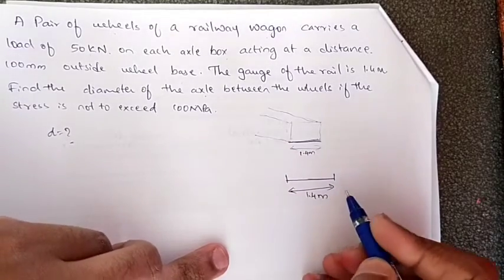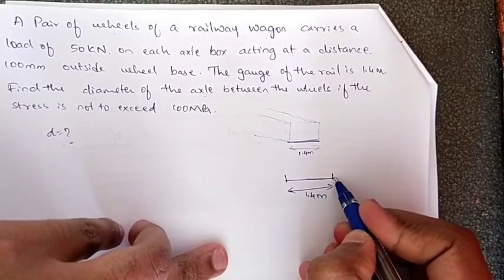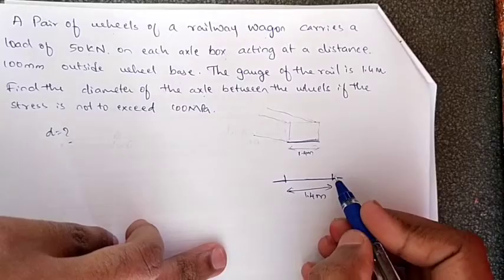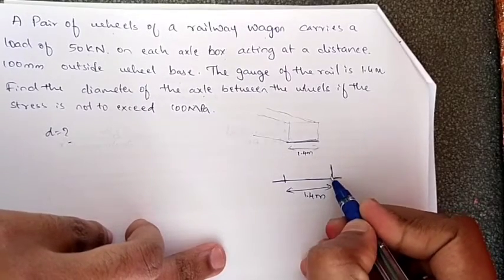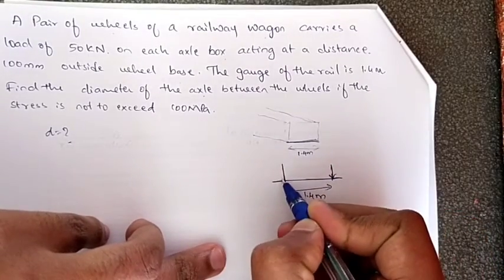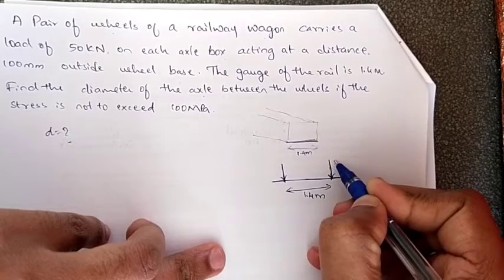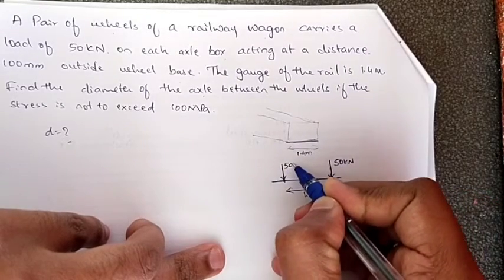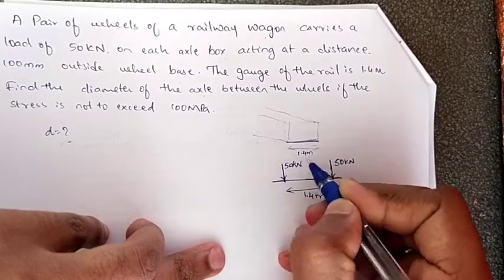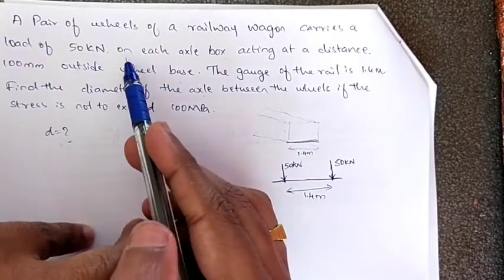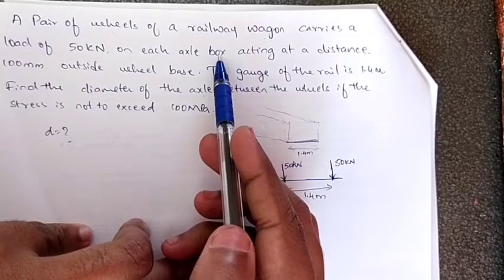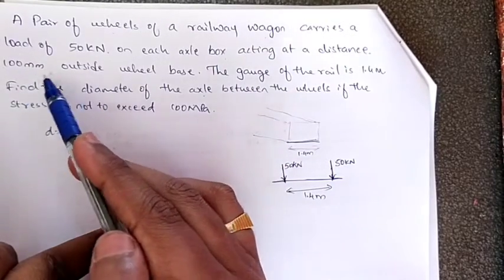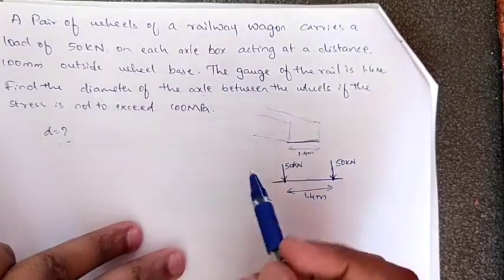Now here, on this side and this side, something extra will be there. He is saying 50 kilonewton is acting here and here. Where is it acting? 50 kilonewton on the axle box acting at a distance of 100 millimeter outside the wheelbase.